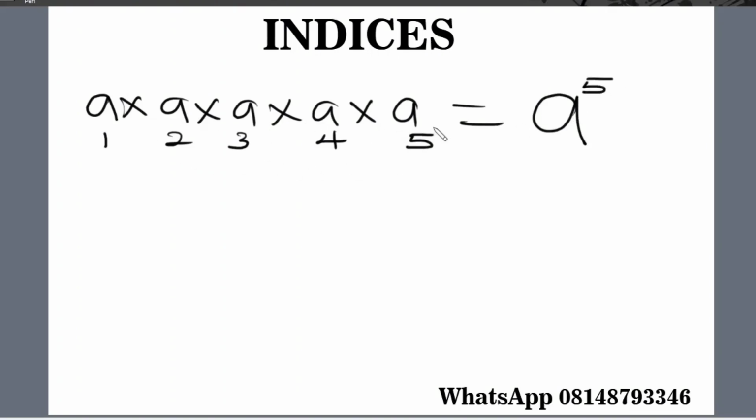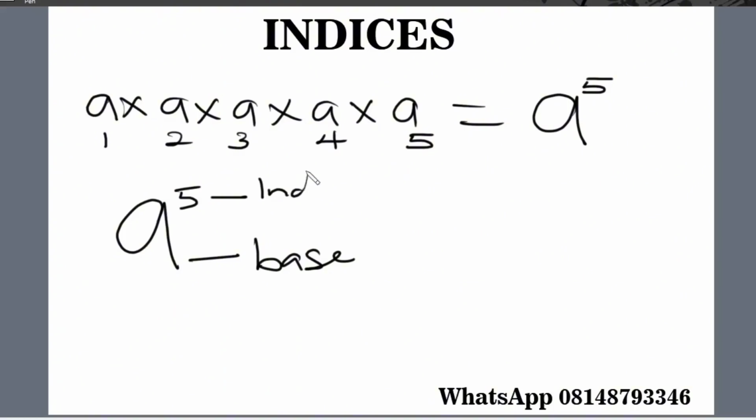Since we have 5 a's, that means a will be raised to power 5, where a is the base and 5 is the index, or you can call it power or degree.